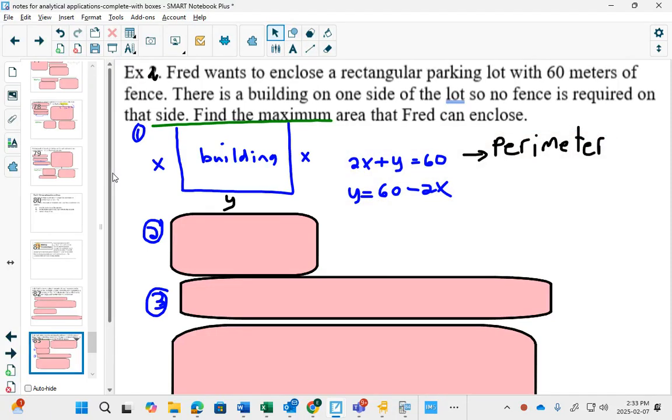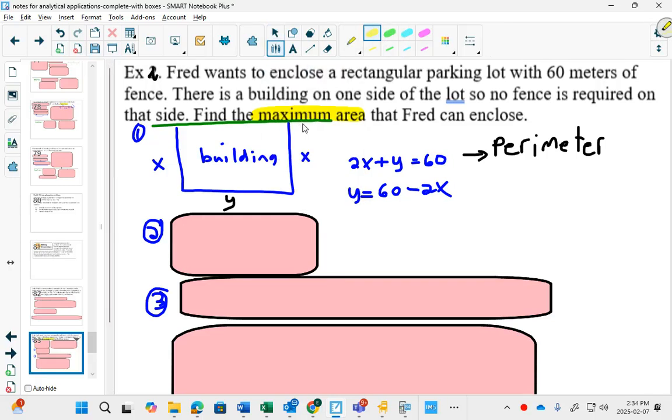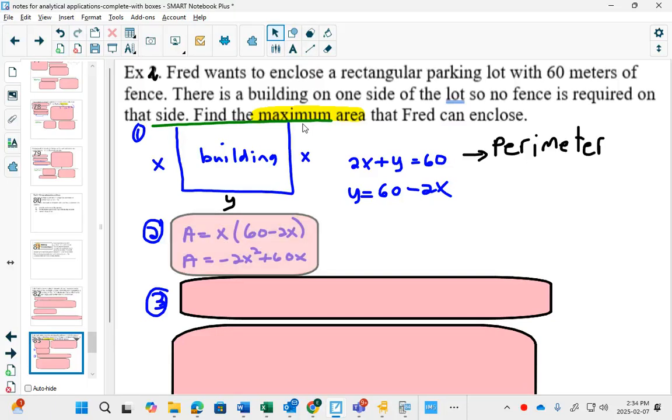And that's why, in order to maximize the area, so again, we want to find a maximum area, I need to have my equation area equals. Well, area is equal to length times width, which would be x times y. But since I know the total adds up to 60, I can get the y by itself.